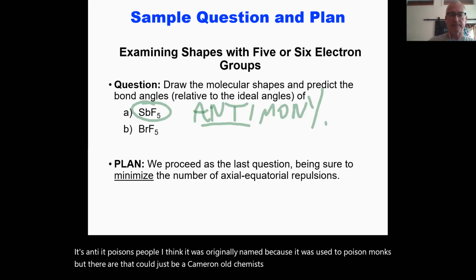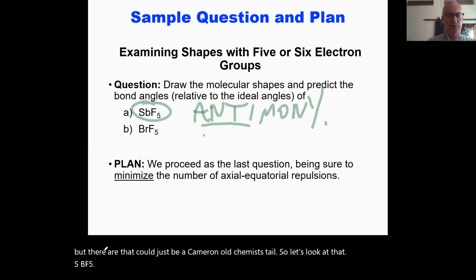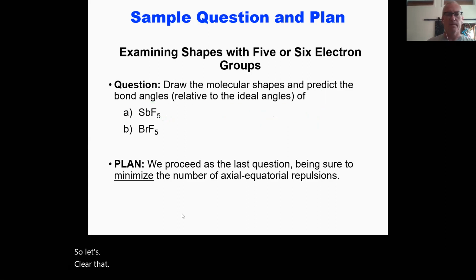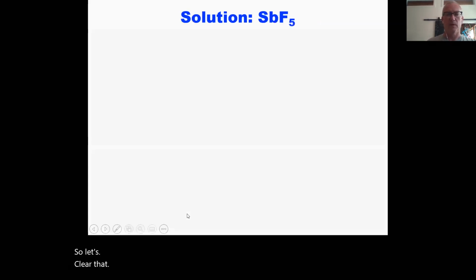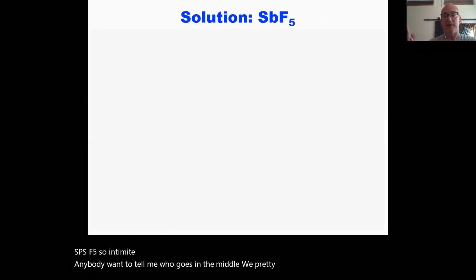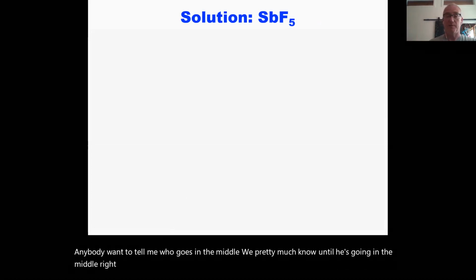So let's look at that. SbF5. So let's clear that. So SbF5. So antimony. Anybody want to tell me, who goes in the middle? We pretty much know antimony is going in the middle, right? Because fluorine never goes in the middle.